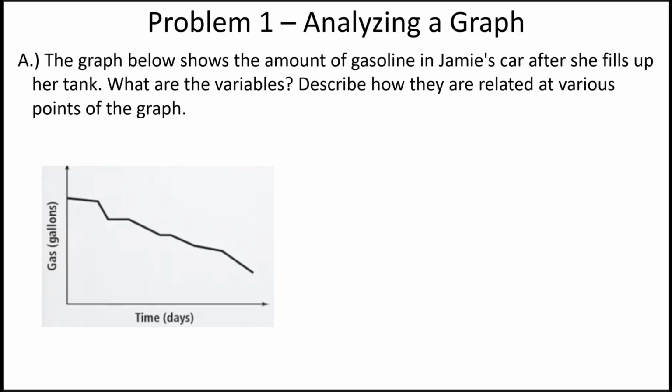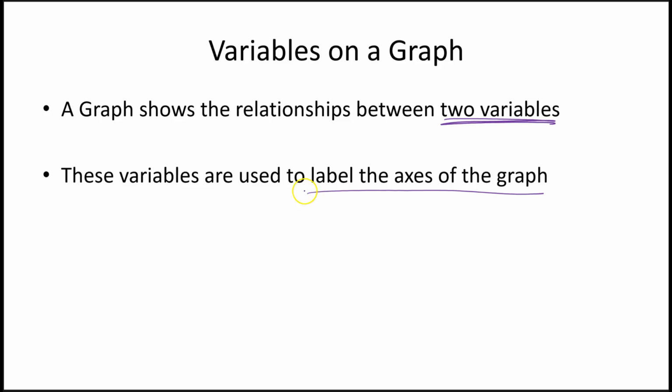So for example, we have this problem right here where we have the graph that shows the amount of gasoline in Jamie's car after she fills up her tank. We want to know what the variables are and describe how they're related at various points in the graph. The variables are the ones used to label the axes of the graph.